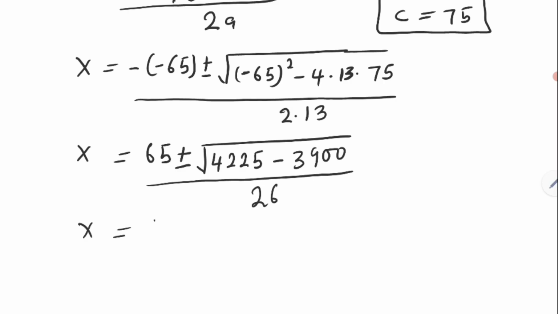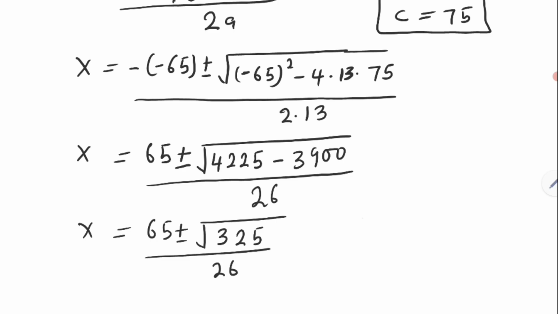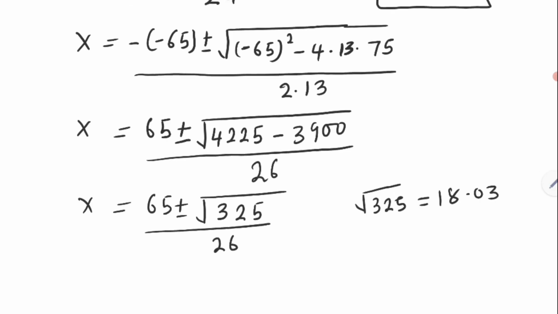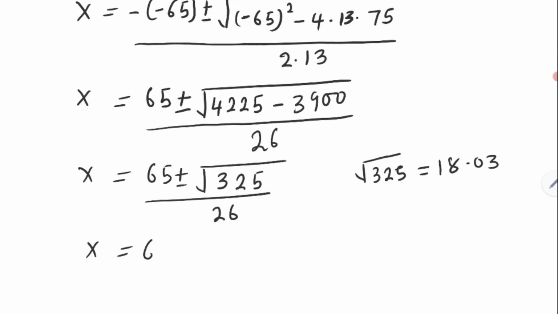S is equal to 65 plus or minus square root of 4,225 minus 3,900. That is 325 over 26. Then the square root of 325 is equal to 18.03. So S is equal to 65 plus or minus 18.03 over 26.